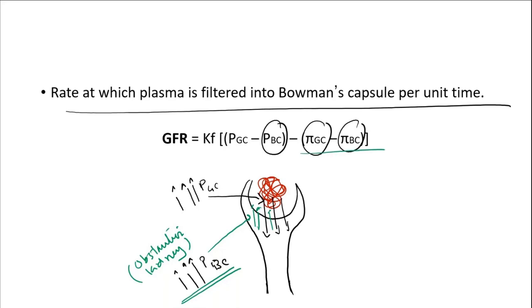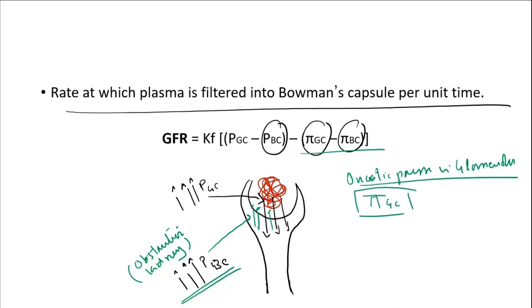First is oncotic pressure in glomerulus. Let's say the oncotic pressure in the glomerulus is high. Oncotic pressure is created by increased protein. Protein pulls everything towards it.